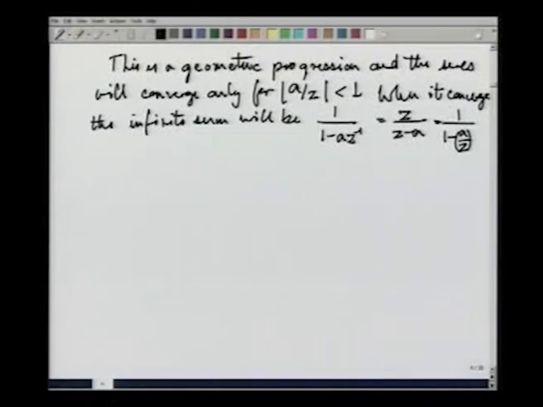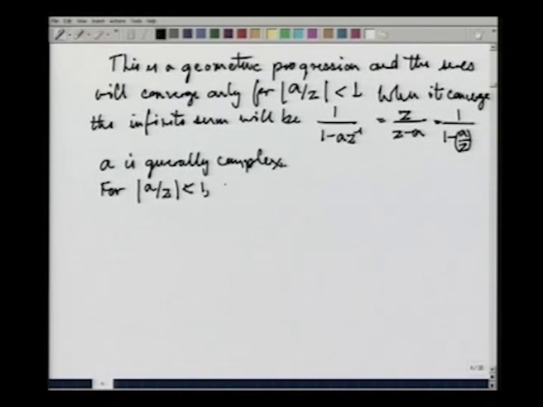Now, when is mod a by z less than 1? a is generally complex, right, and for mod a by z to be less than 1, we need to ensure that the value of r equal to mod z must be greater than mod a.